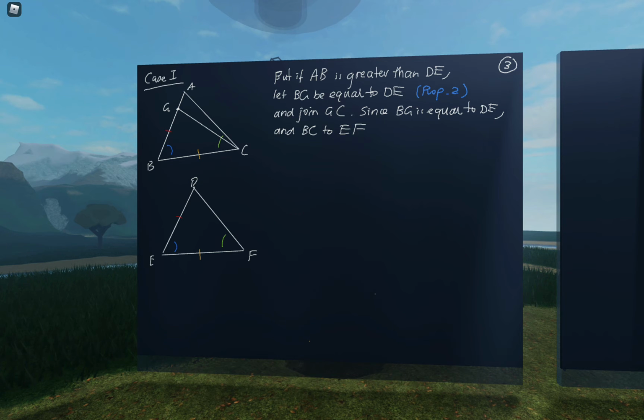So BG is equal to DE and BC to EF, and there's a common angle. So those two triangles are congruent by proposition 4.